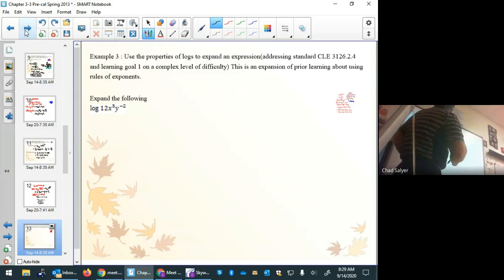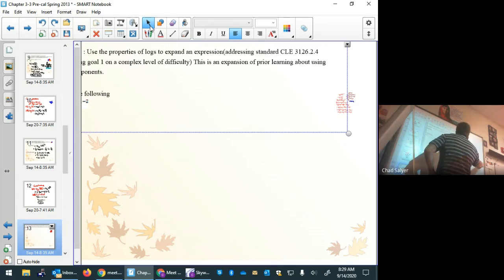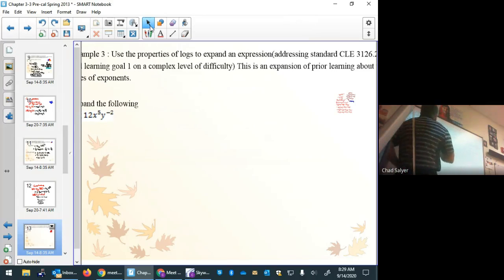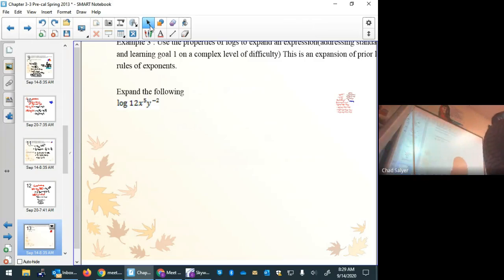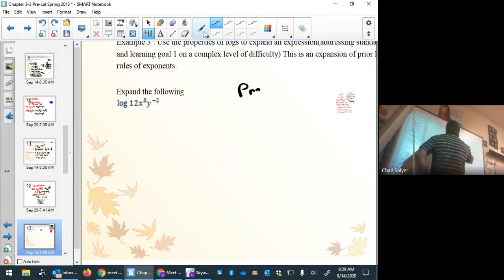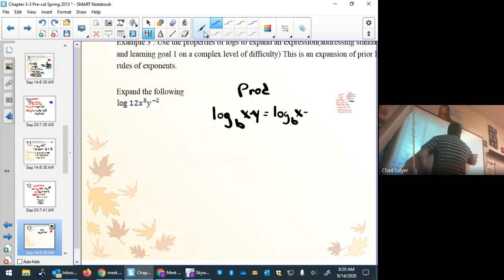Okay, so example 3. So we're going to expand. Remember I told Colby something about expanding and contracting? So if we look at those 3 rules, we'll write them here real quick. You've got the product property of logs, which goes like this: log base b of x times y equals log base b of x plus log base b of y.